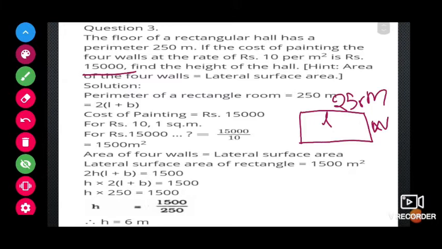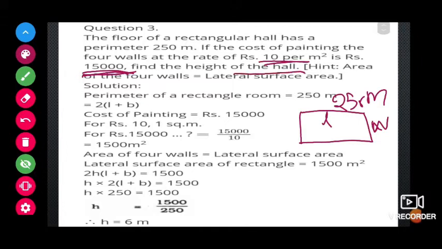Four walls means only the lateral surface, the hollow space, removing the top and bottom. If we take 10 rupees per square meter, then we have to pay 15,000 rupees. Now we have to find the height of the hall.